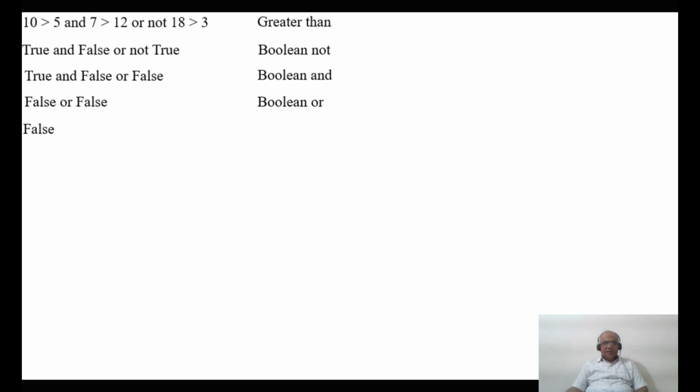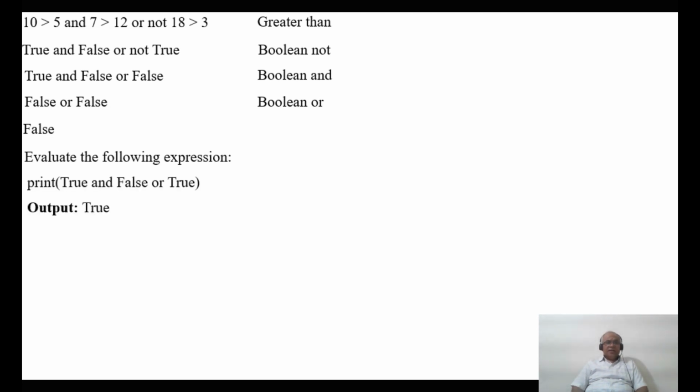Now, if you want, we will go for the next expression. Evaluate the following expression: print true and false or true. We now have two Boolean operators, AND and OR.